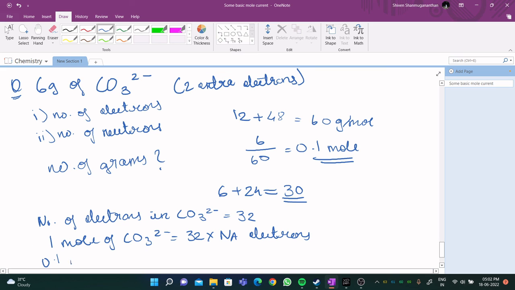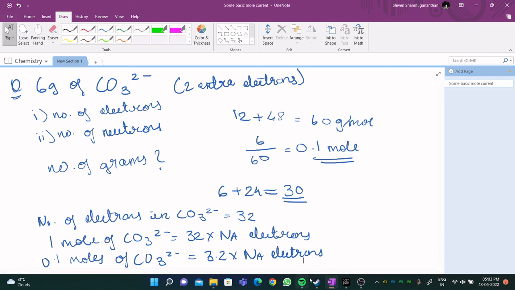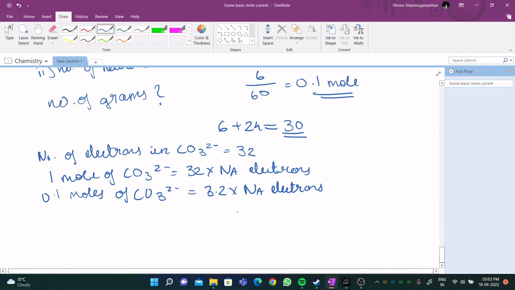So 0.1 moles of CO3 2 minus will be equal to 3.2 into Na, Avogadro's number of electrons. But now we got the answer here. I'll underline this.